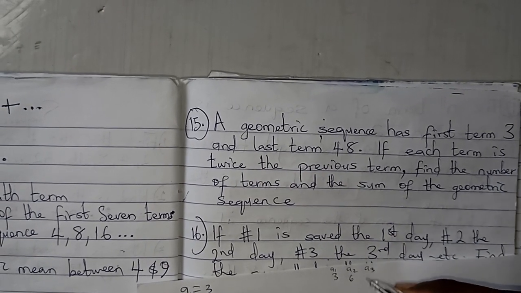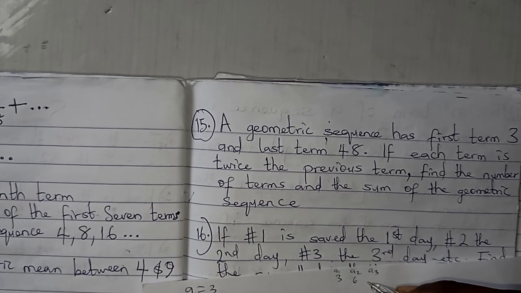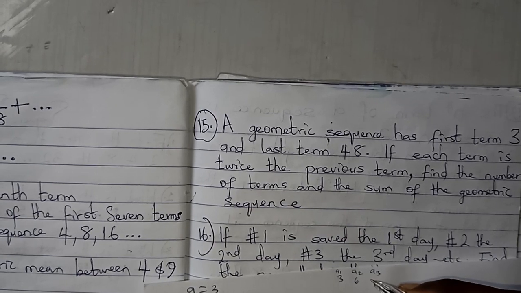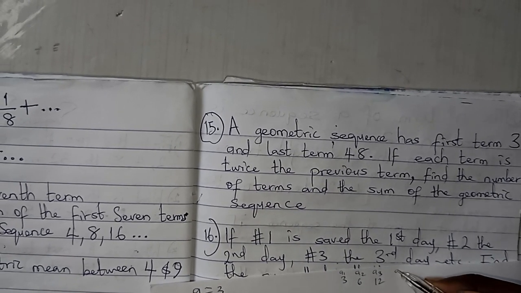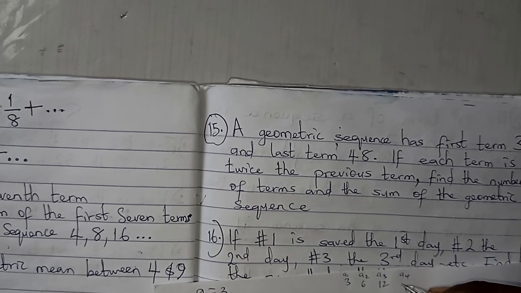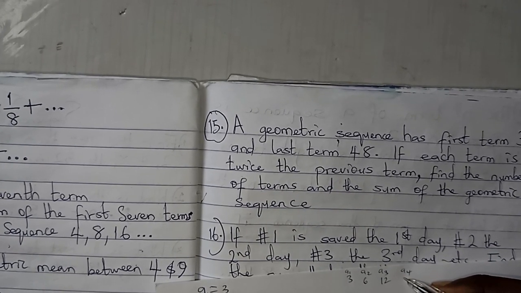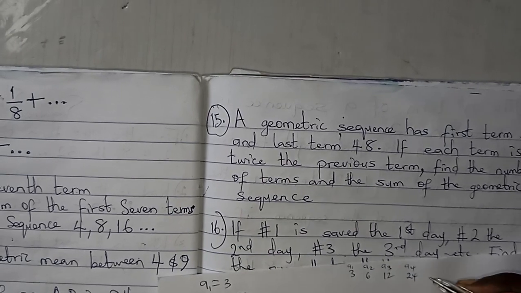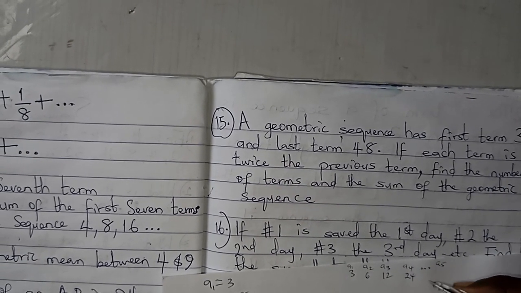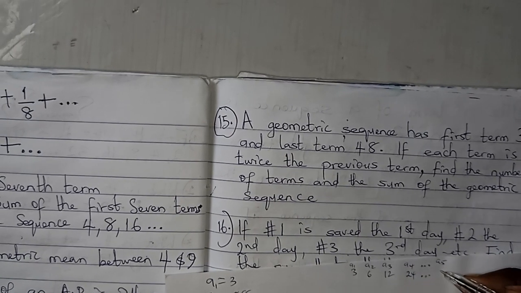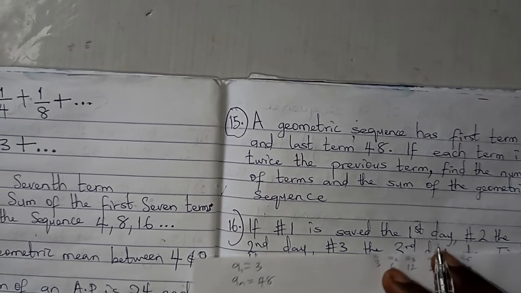Then A3, each term is 2 times the previous term, so 6 times 2, 12. A4 should be 12 times 2, which is 24. So dots, dots, dots, the last term, A5, which is 48.